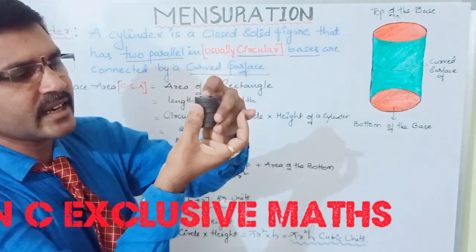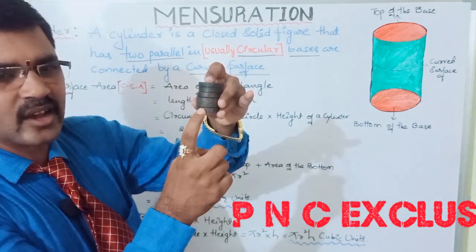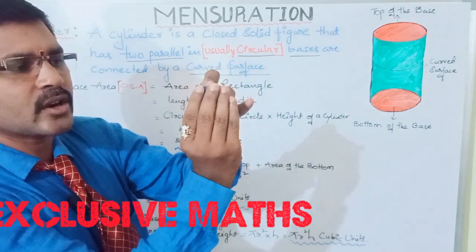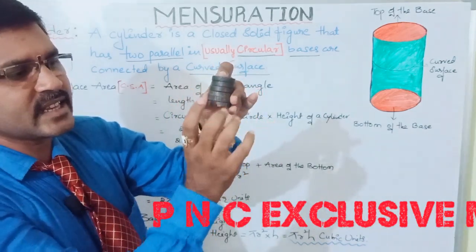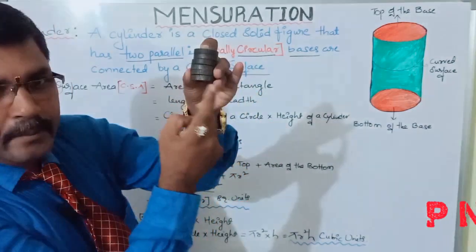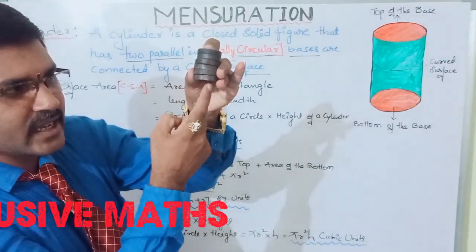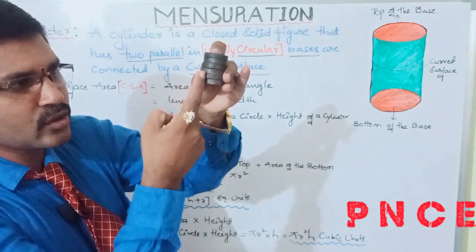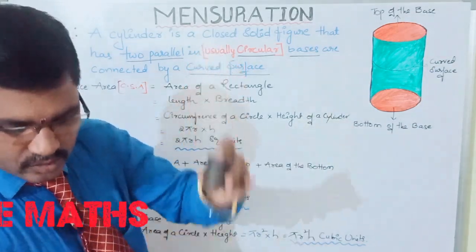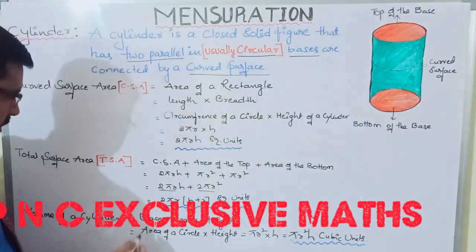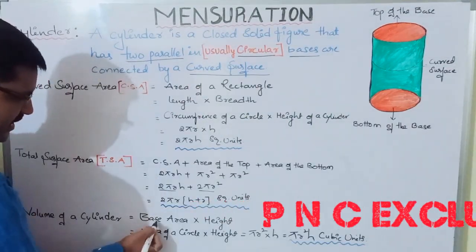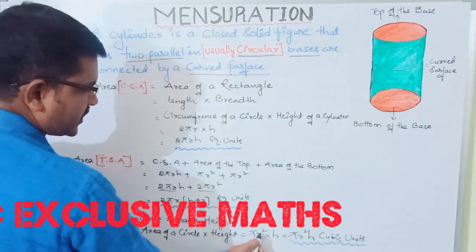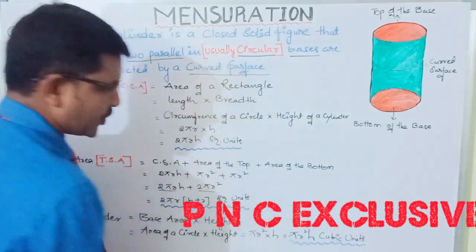The sum of all the thicknesses is equal to the height of the cylinder. So the volume of a cylinder is equal to base area into height. The base area is the area of a circle, pi r square, into height h. So the volume is pi r square h cubic units.